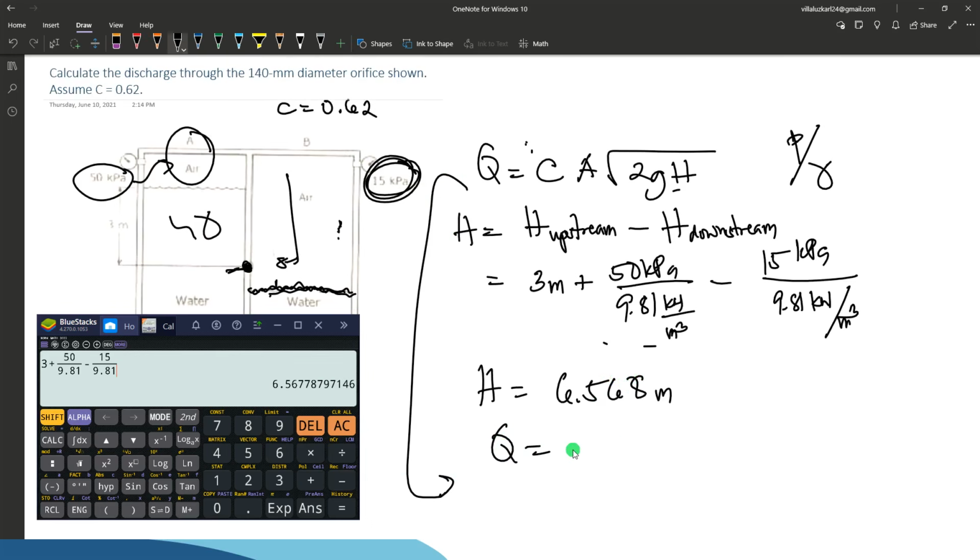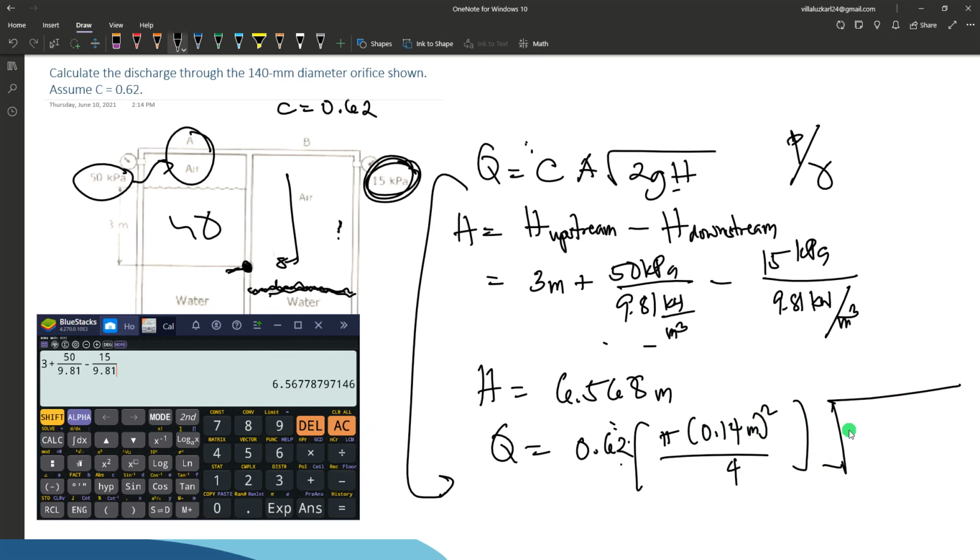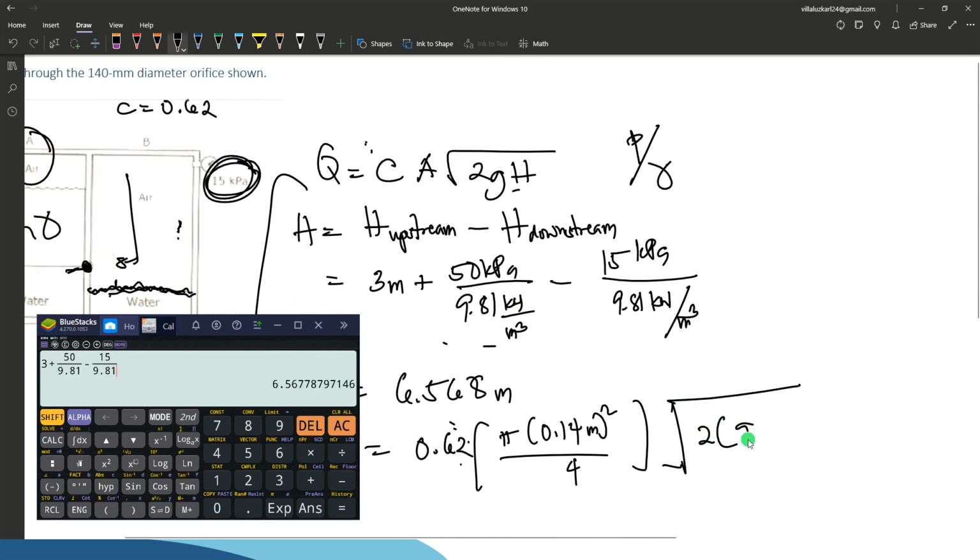Q equals C, 0.62, times the area, pi d squared, with 0.14 meter squared over 4, then the square root of 2gh. So 2 times 9.81 multiplied by the head, 6.568.